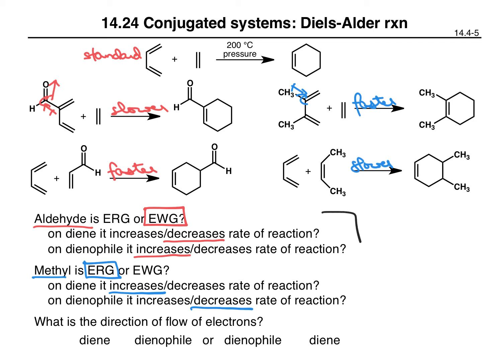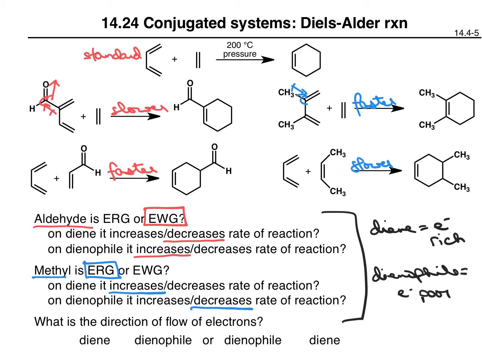So if we look at this information together, we can see that the reaction works better when the diene is electron rich. When there's an electron withdrawing group on the diene, it slows it down, but when there is an electron releasing group on the diene, it speeds up the reaction. And the reaction works better, it works faster, when the dienophile is electron poor.